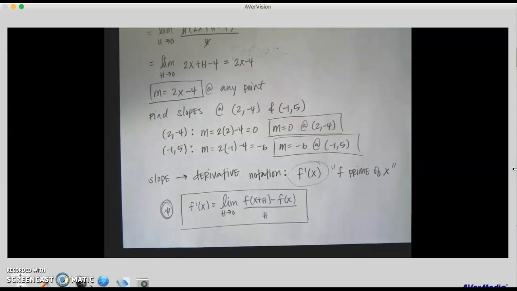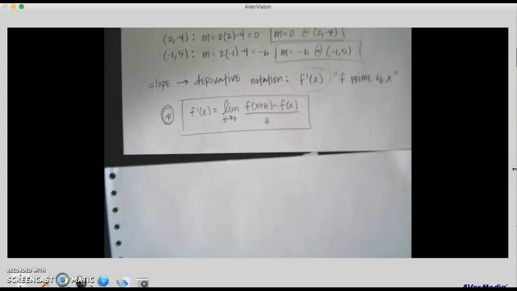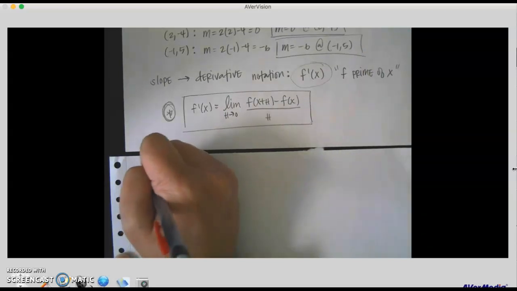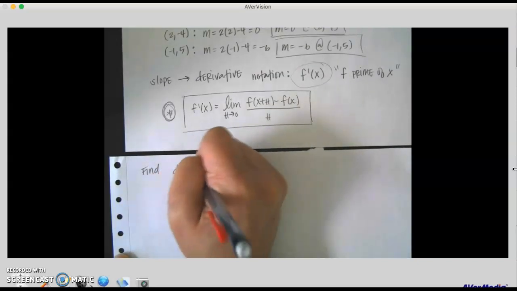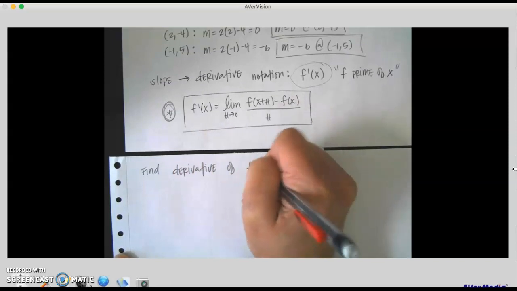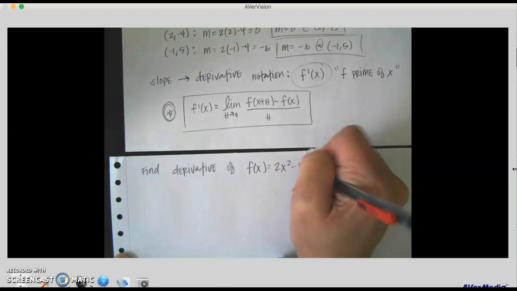Okay, so we're going to just do one last example, and then we should be good to go. Let me just get paper here. So instead of saying finding the slope, we're going to use now the calculus term. It's going to say find the derivative of the function. Okay, sounds more calculus-y, right?